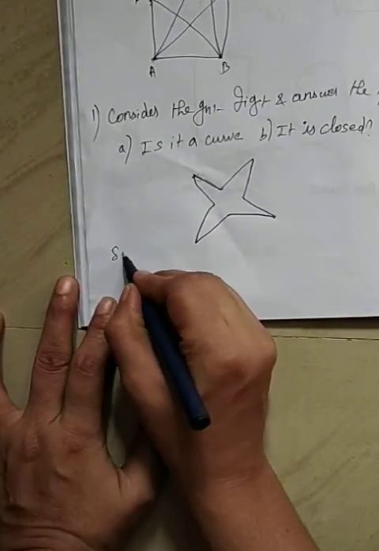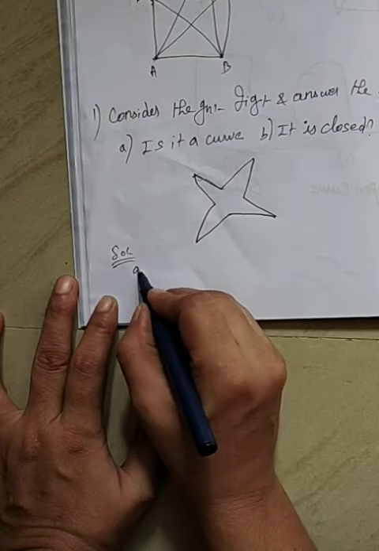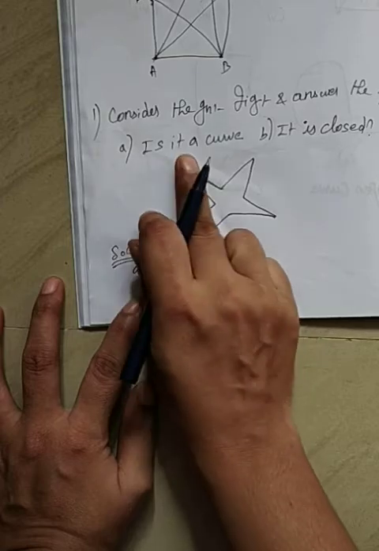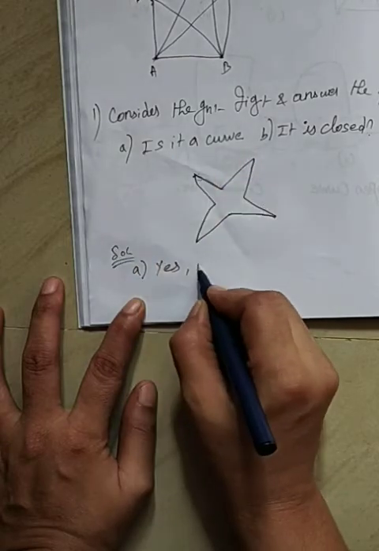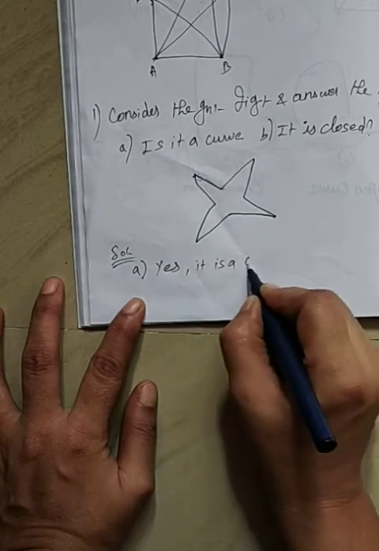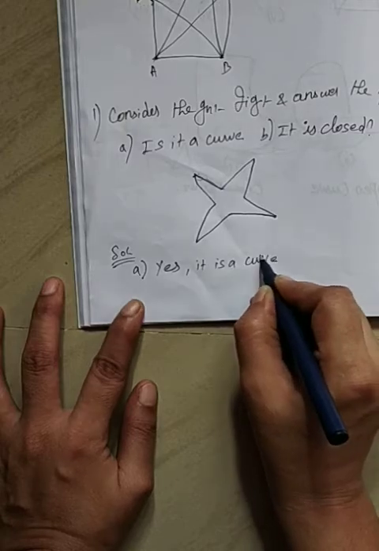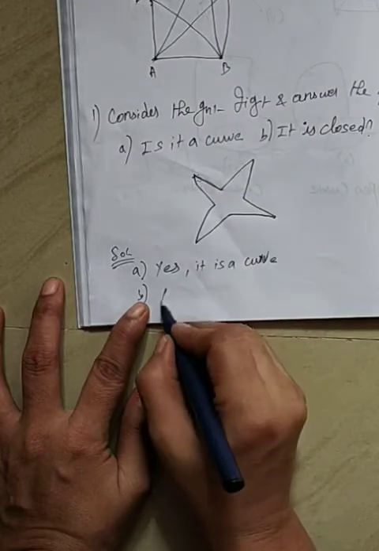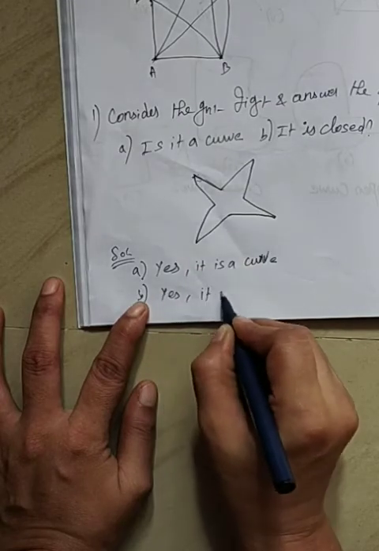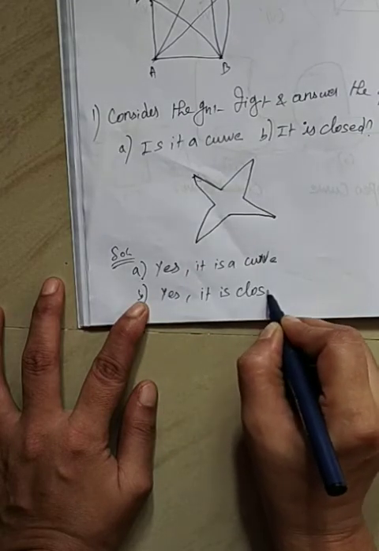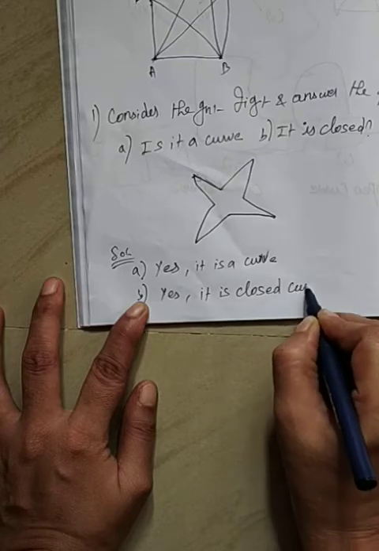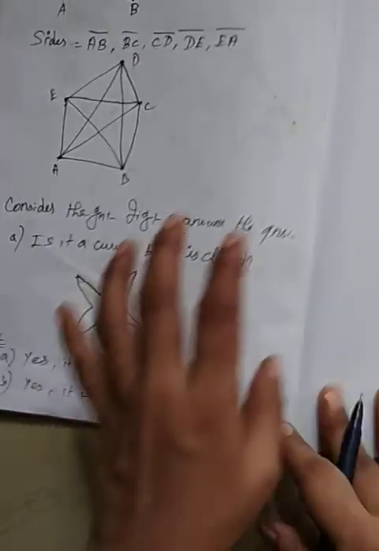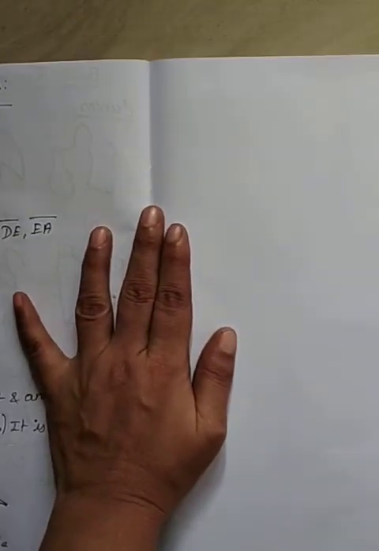So how can you write the solution? That is the easiest one. Is it a curve? Yes, it is a curve. Next, is it closed? Yes. It is a closed curve. Clear?